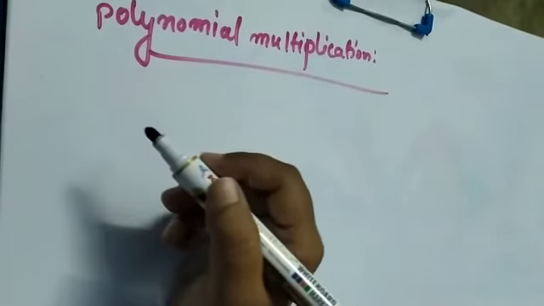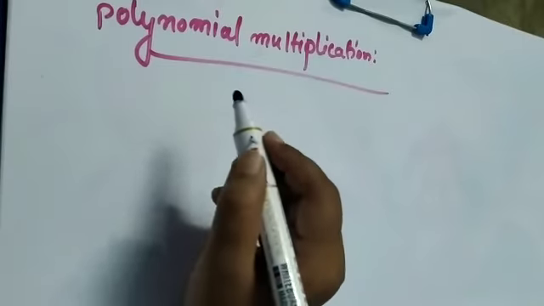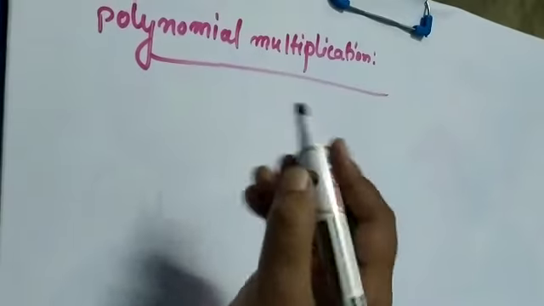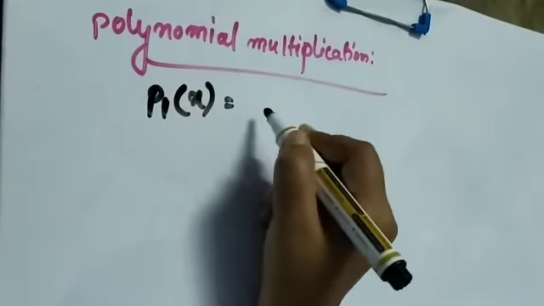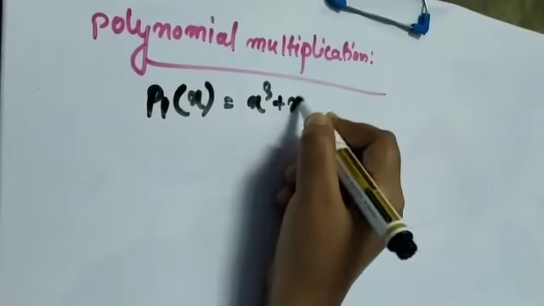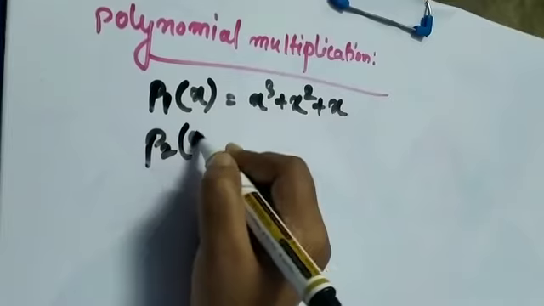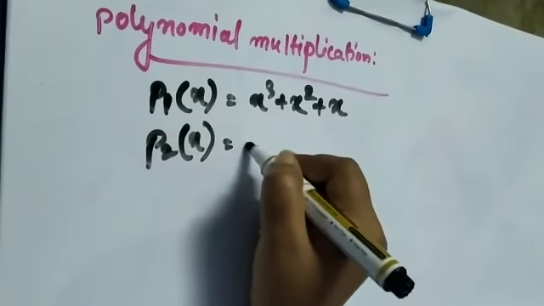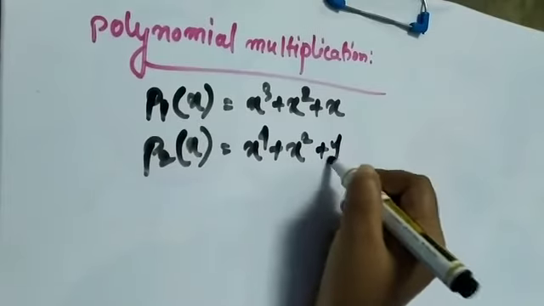So, now we have to consider another technique, that is polynomial multiplication. Suppose two polynomials are given to you. P1(x) equals x cube plus x square plus x, and P2(x) equals x to the power 4 plus x square plus 1.